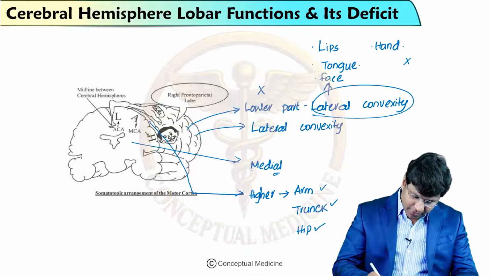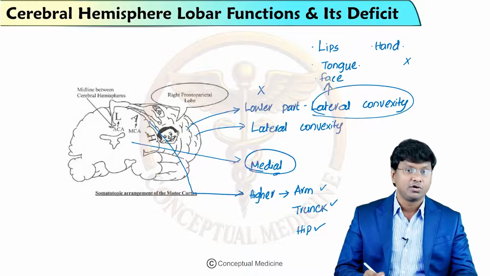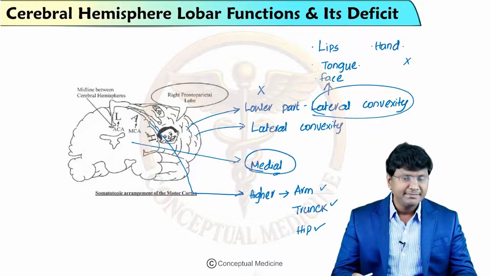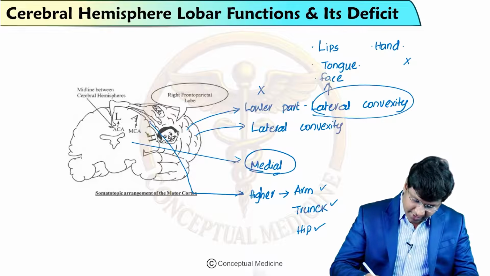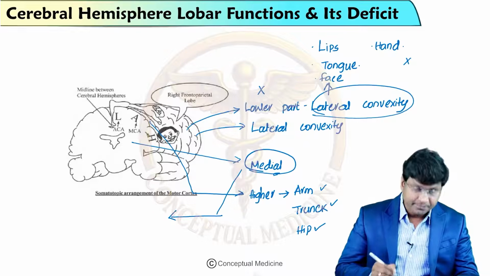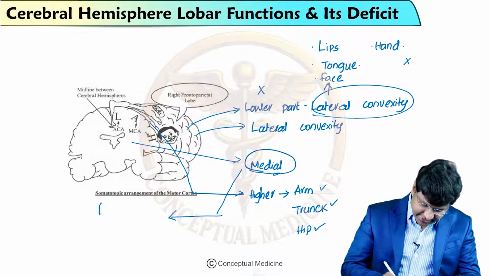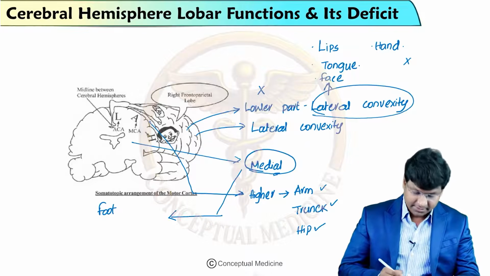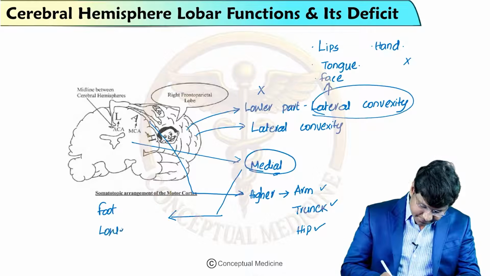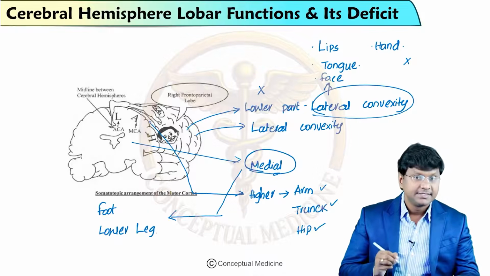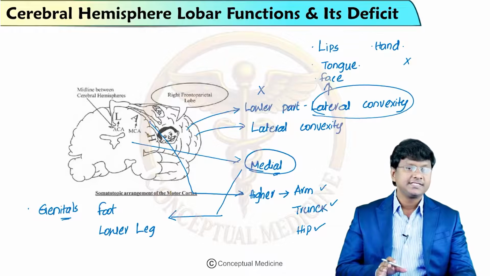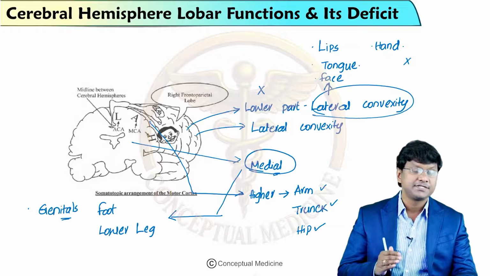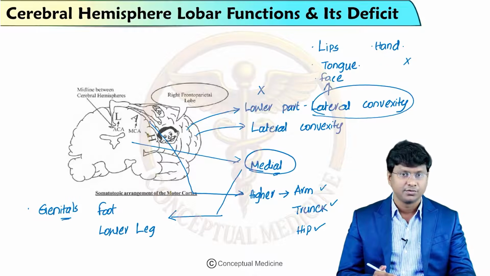Whereas on the medial surface of the frontal lobe, you have the lower part of the body. The anatomical areas represented there are the foot, then the lower leg, followed by the genitals.